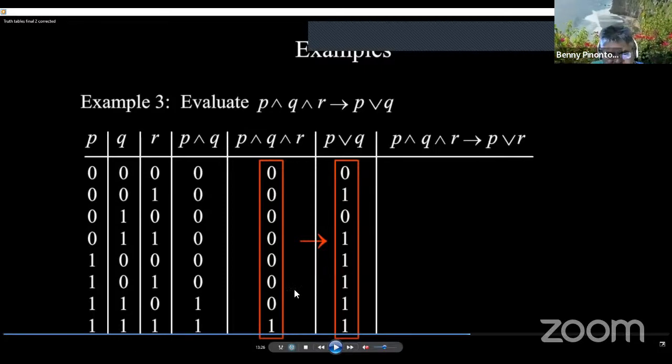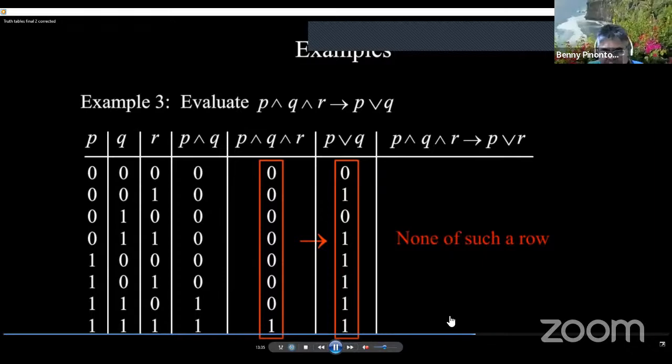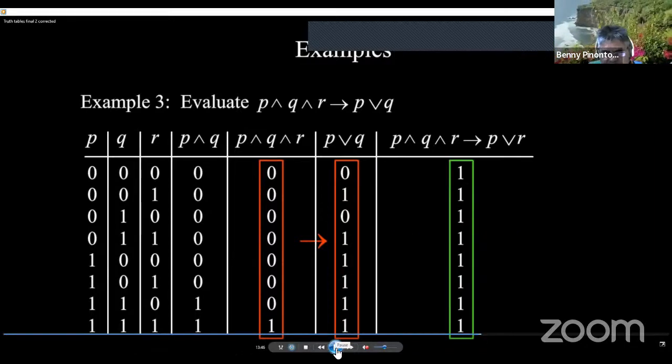If the first one is bigger than the second, then it's gonna be 0 or false. Now here, that's all smaller or equal. And so we have all 1s here. Okay, so the result is all 1s.